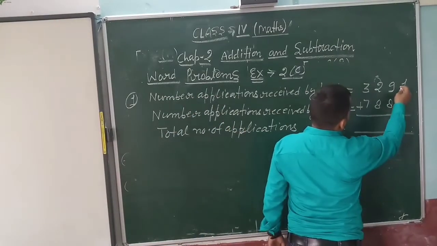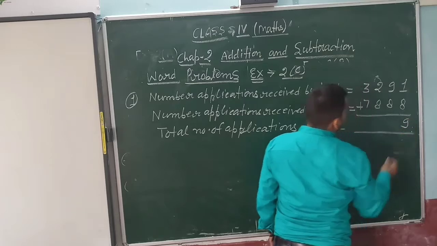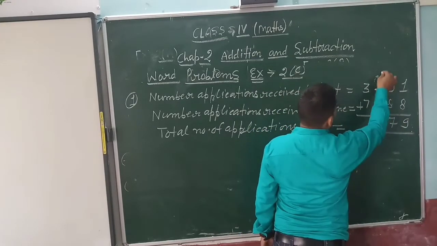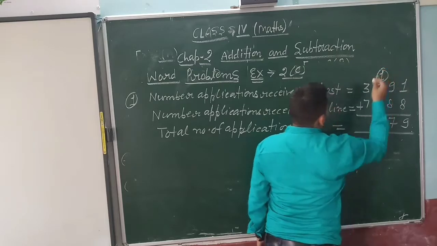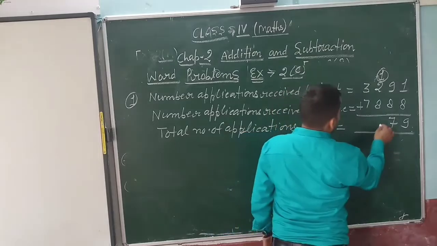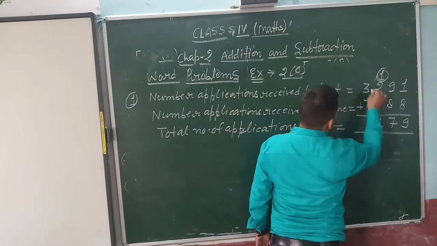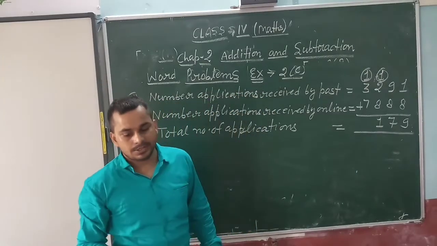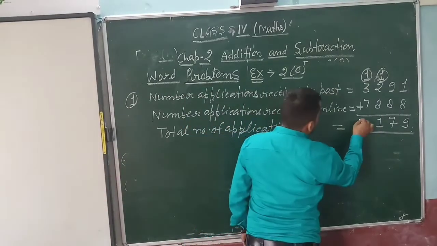So add 8 plus 1, 9, 9 plus 8, 17, 1 is carry, then 2 plus 1, 3, and 3 plus 8, 11. Again carry 1, 3, 1, 4, and 4 plus 7, 11.